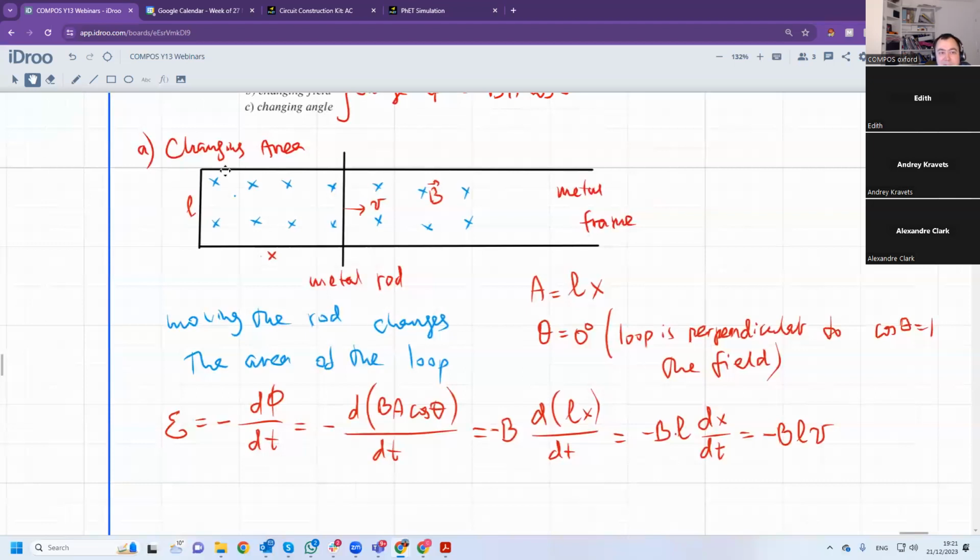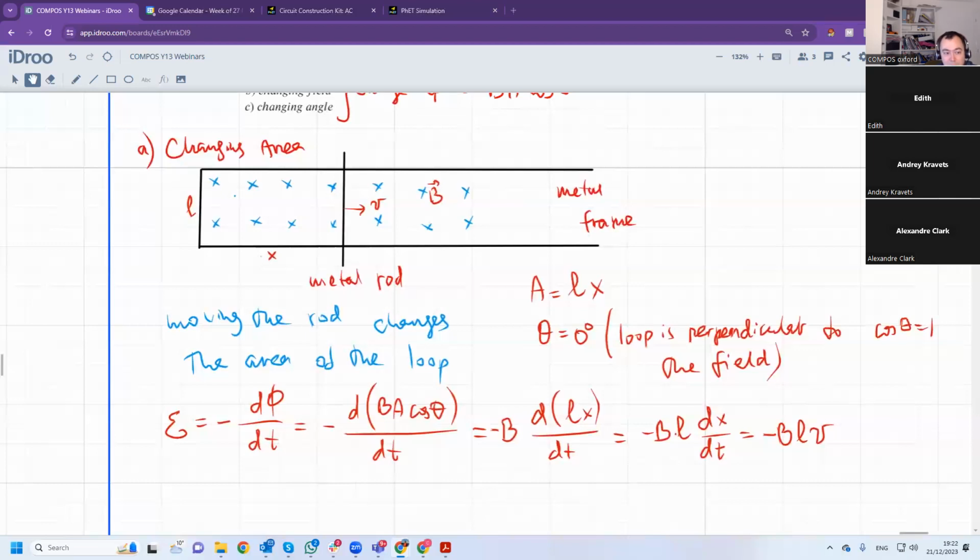Based on the fact that 3 people have left, I'm thinking. All right. Okay, Biranavan, do you understand that changing the area changes the flux, and changing the flux produces an EMF? All right. The rest is maths.